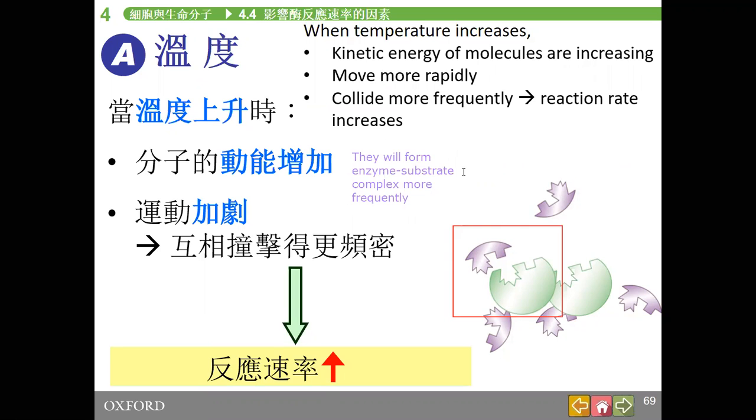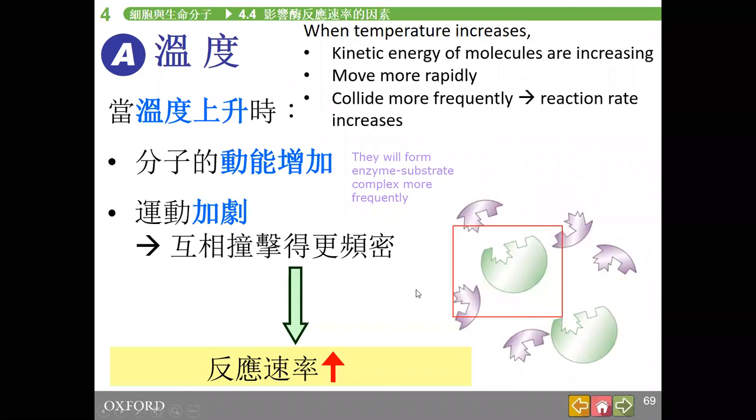As a result, the reaction rate increases.